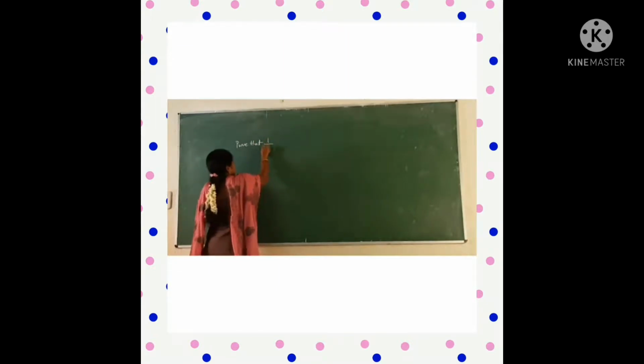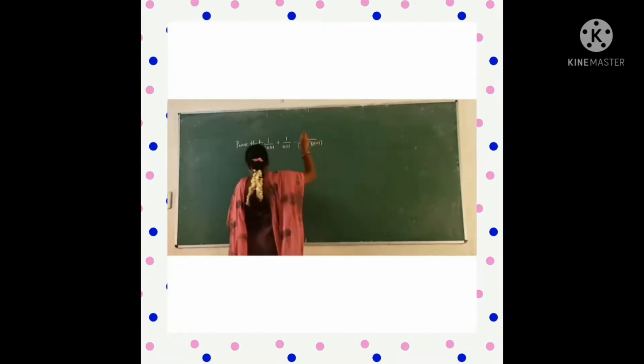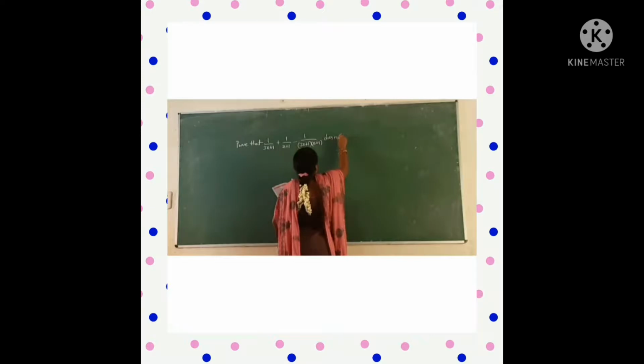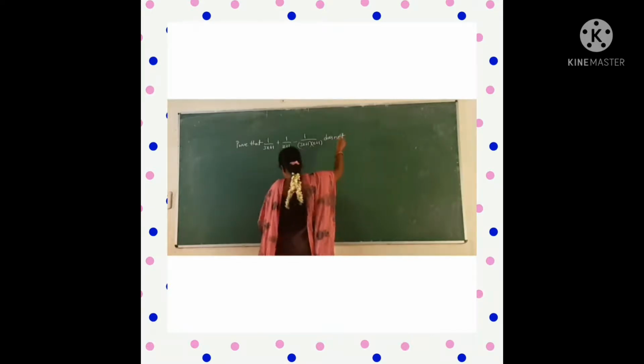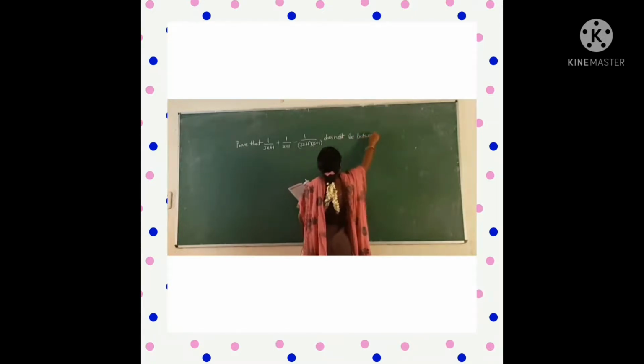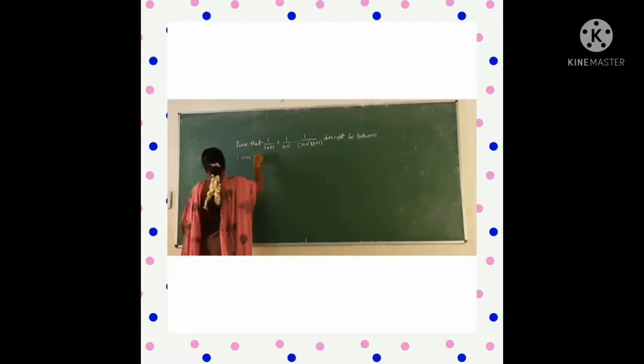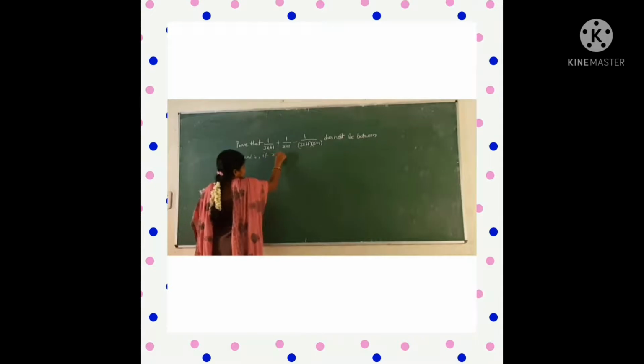Prove that 1 by 3x plus 1 plus 1 by x plus 1 minus 1 by 3x plus 1 into x plus 1 does not lie between 1 and 4 if x is real.